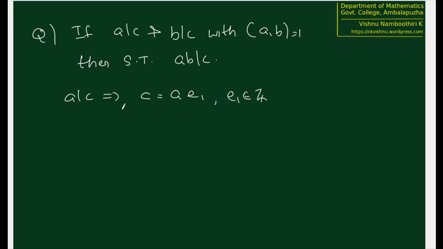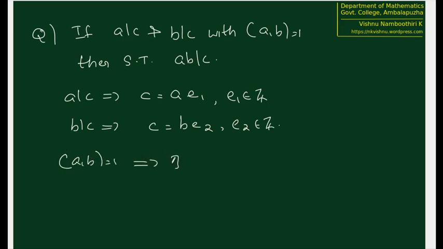This is the meaning of saying A divides C. Now, B divides C in the similar way means C is equal to B into E2, where E2 belongs to Z. Now, a fact given is the GCD of A and B is 1. So, by Bezout's identity, we can write there exist alpha, beta integers such that A alpha plus B beta equal to 1.